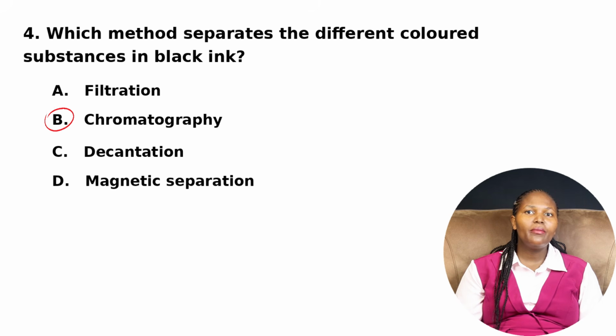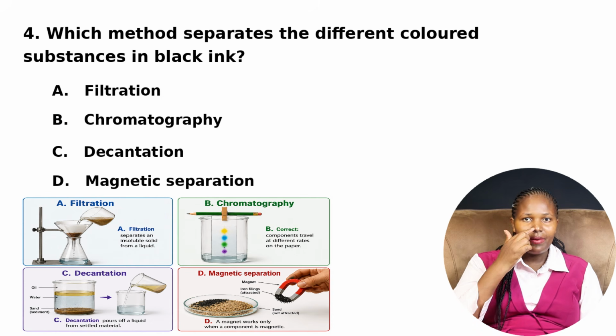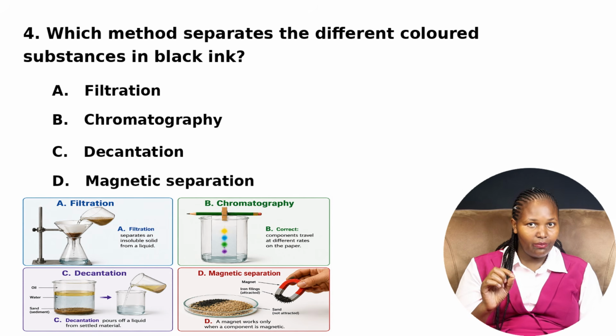Why? Because components travel at different rates on the paper. In chromatography we are using paper, and those different colors are different components. They are going to dissolve into the paper, and components travel at different rates on the paper.